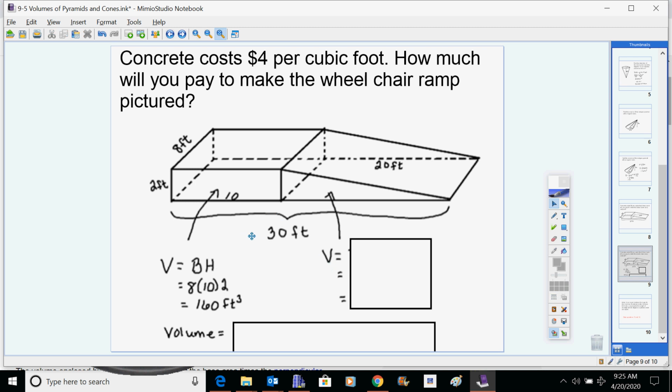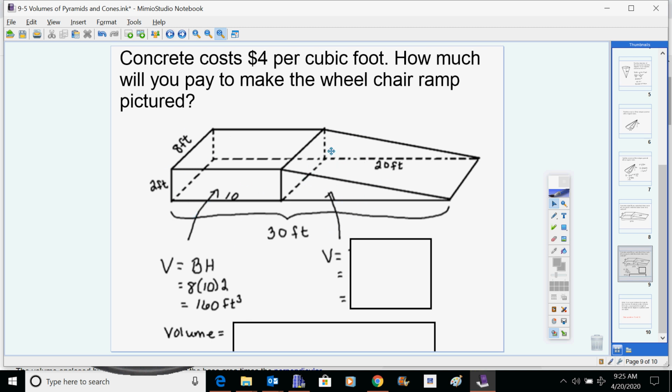And for those of you that say, wait a minute, what if I wanted this part to be the base and this part to be the height? Well, then you'd take 2 times 10 times 8, and you'd get the same answer. You'd get 160 cubic feet, which is also what other books show with the volume formula, length times width times height. So this part, pretty easy to get in any way. You're just multiplying the 3 numbers together.